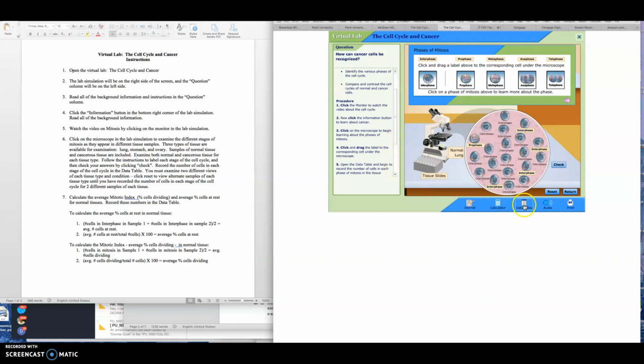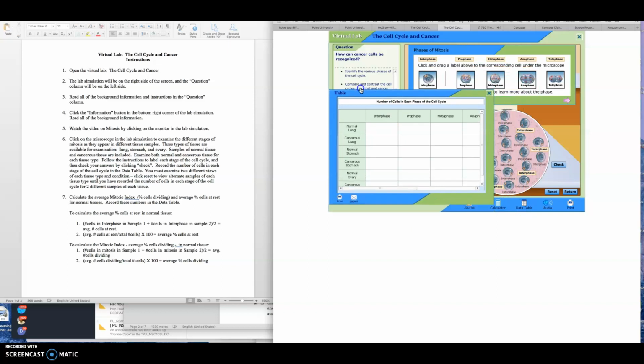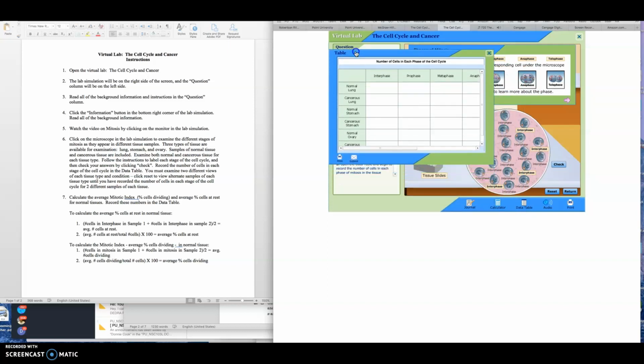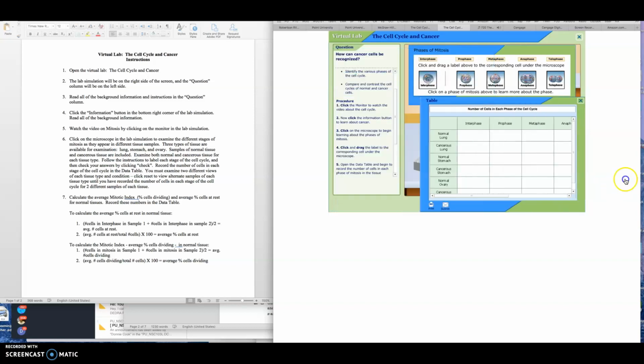open the data table. Alright, so here's our data table, and we want to record the number of cells in each phase. So all of these are in interphase, except, let's move this out of the way.